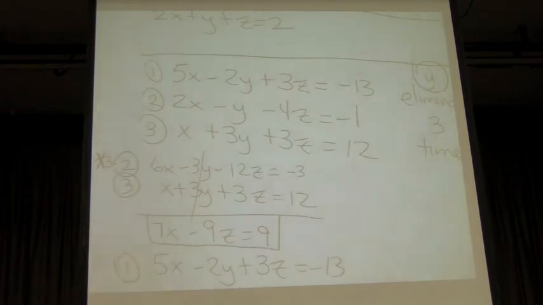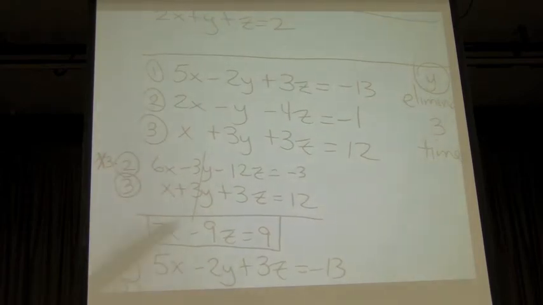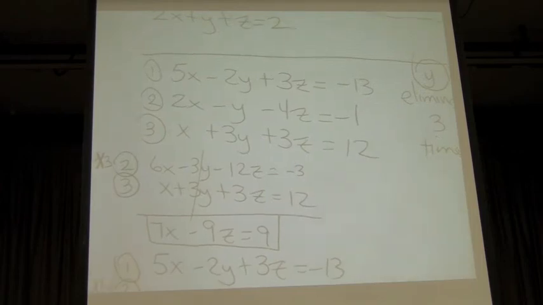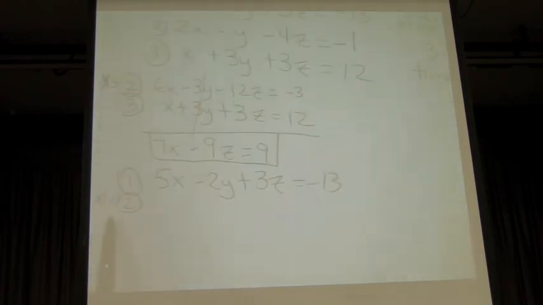The second one. And since this one is a negative 2y, we want this one to become a positive 2y. So what are we going to do to it? Multiply it by negative 2. So I'm going to make a little note to myself down here that that's what I'm doing. I'm multiplying it by negative 2. And so when I do that, what do I get?